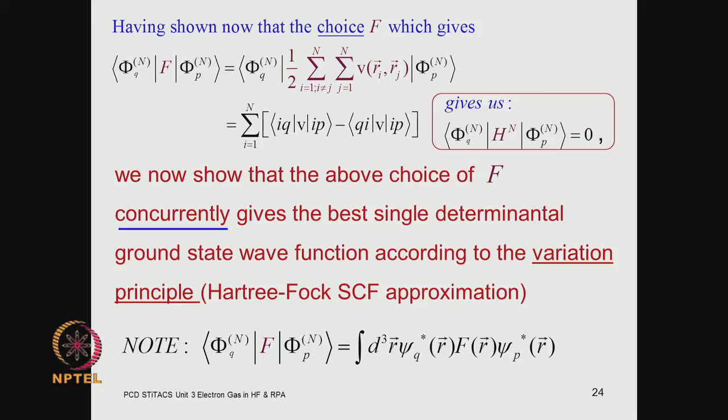Okay. So, we have come this far, and what we will now show is that this is completely consistent with our formalism of the Hartree-Fock theory, because this particular choice that we have suggested, how is f to be chosen? So that the matrix elements of f are equal to the matrix element of the 2 electron term V, this particular choice will give you the best single particle determinantal wave function according to the principle of variation in the Hartree-Fock formalism.